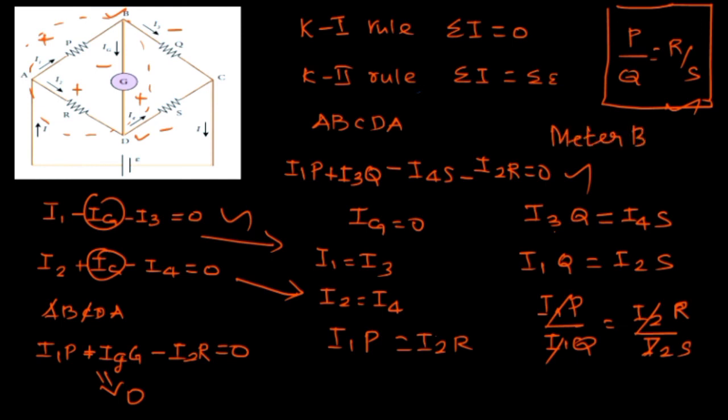In the meter bridge, the same configuration is used to find the unknown resistance, and we have P by Q is equal to L1 divided by L2. So in terms of balancing length, we can find the unknown resistance and also resistivity. So these are all very important questions as far as current electricity is concerned.